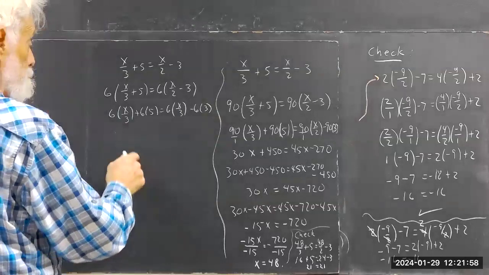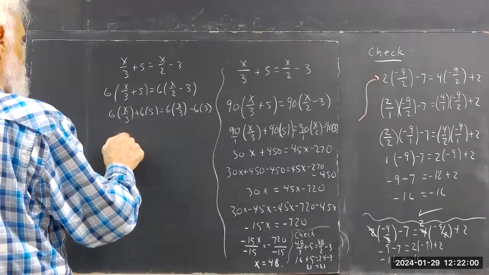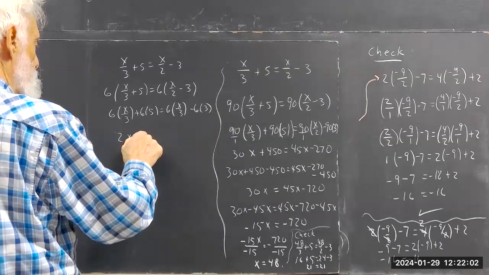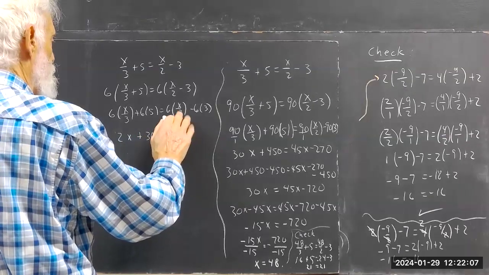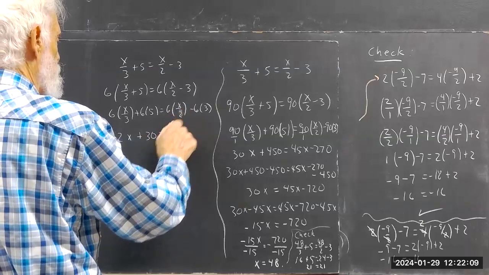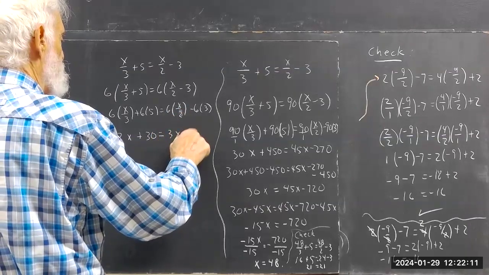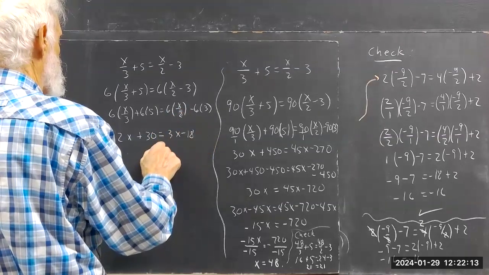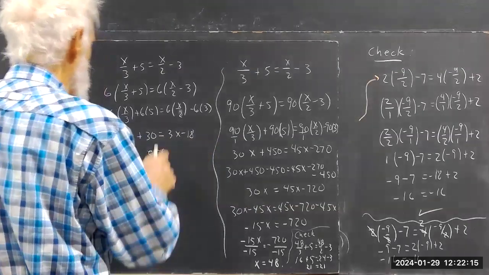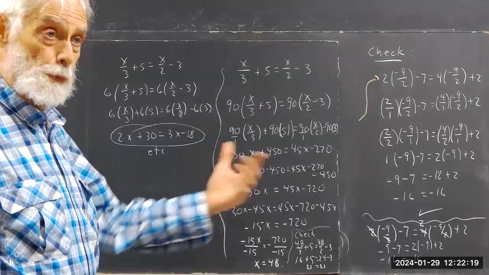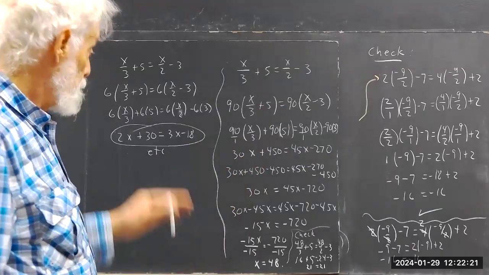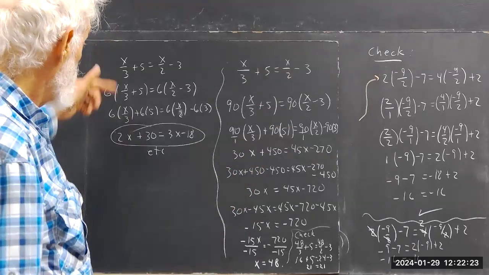With this, 3 divides a 6 twice, I get 2x plus 40 equals, should have been a 2 here, now a 3, 3x minus 18. And now I've got an equation just like the ones we've been solving with no fractions. And it's easy to solve. So I clear the fractions first.